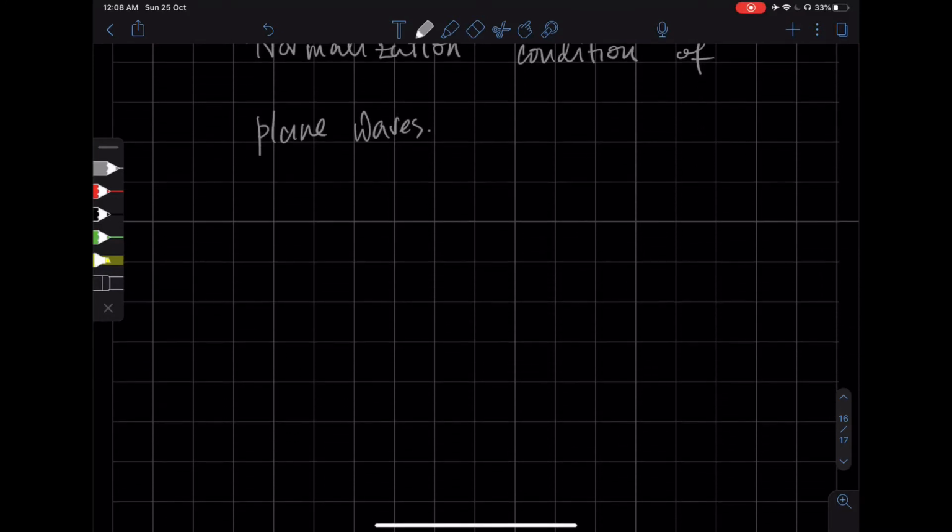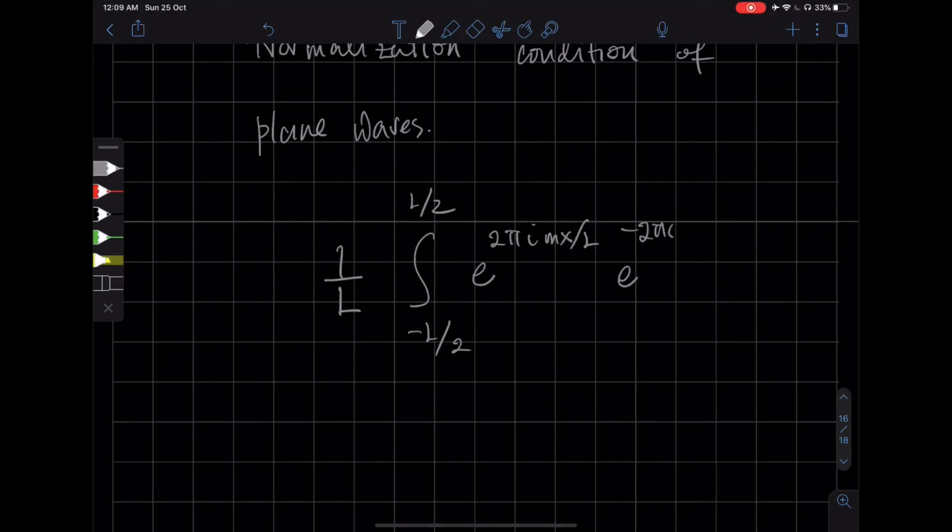And this relationship can be thought of as a continuous limit of the Fourier series orthogonality relationship, where we have a system in a box of length L, then the phases e to the power 2 pi i mx over L, where m is an integer, times e to the power minus 2 pi i nx over L, where n is an integer, is basically just delta mn.